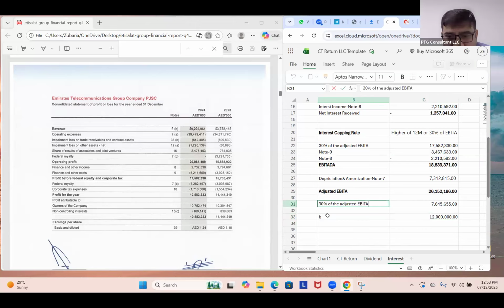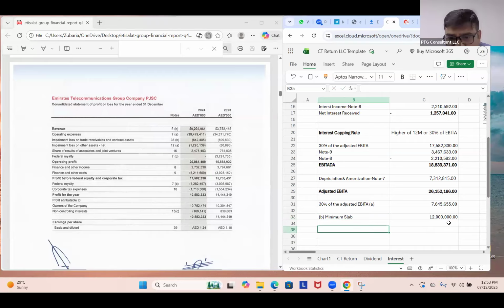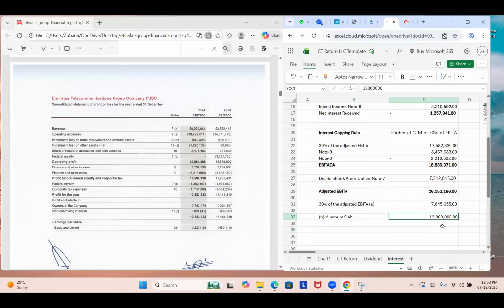Just put beside 30% A, and below put the minimum safe harbor, the minimum slab or whatever. Whichever is higher, that is 12 million. So is our interest higher or lower?